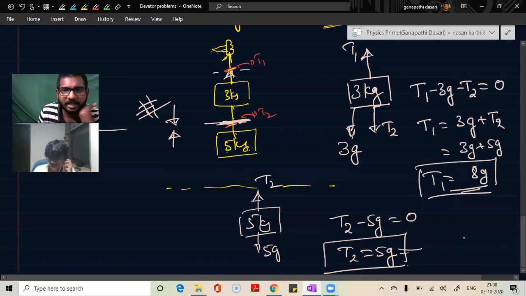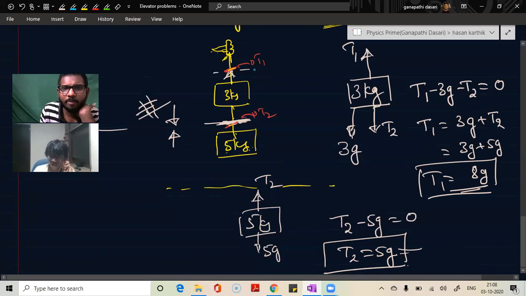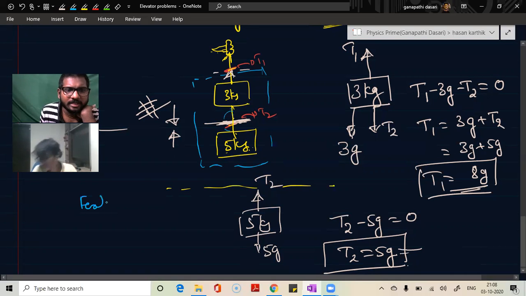There are some students who, after getting habituated with all these things, try to draw the system properly. If you take this entire thing to be the system, then this tension is an internal force, isn't it? Will internal force cause any acceleration of the system? No, sir. Only external force causes it. External force is equal to mass into acceleration plus P into dm by dt.